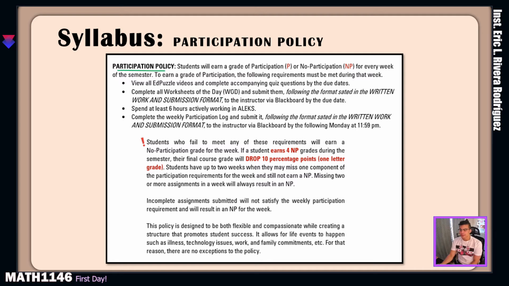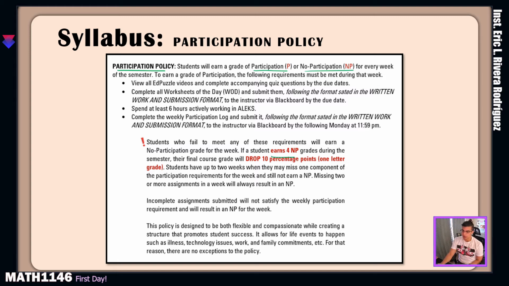So the first thing is that each week, you are going to receive a participation grade. And the two main grades here are P for participation or NP for no participation. Why is that important?